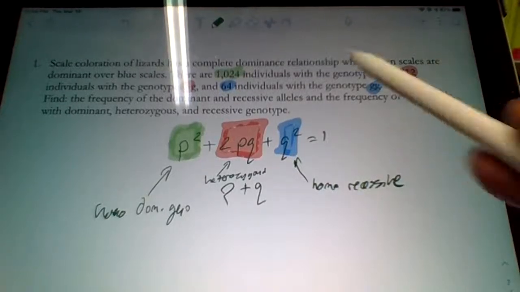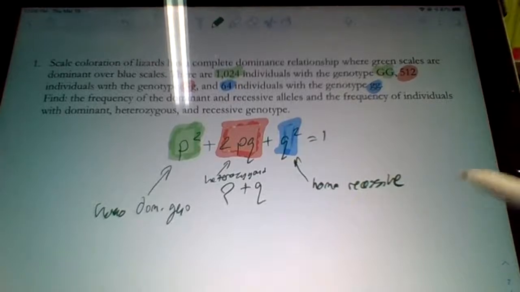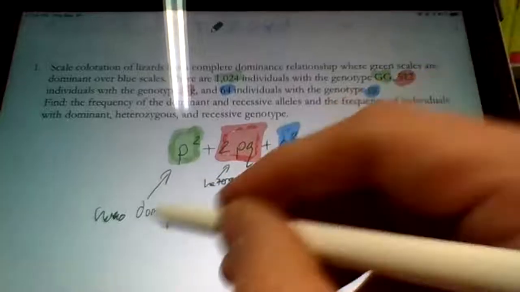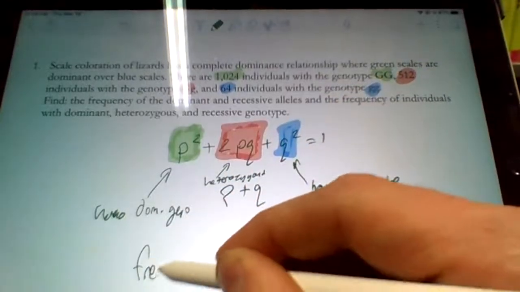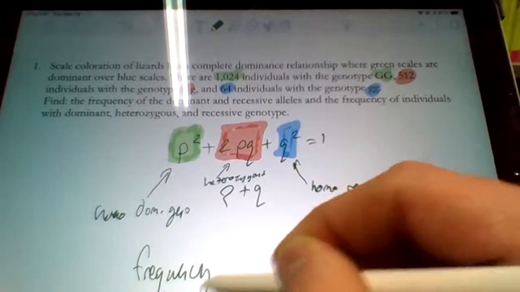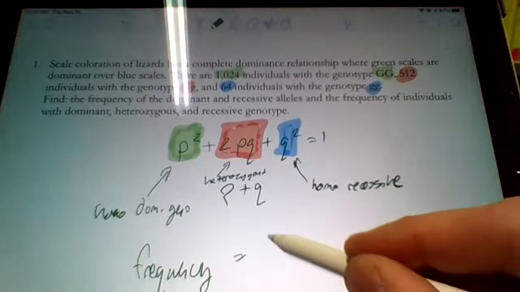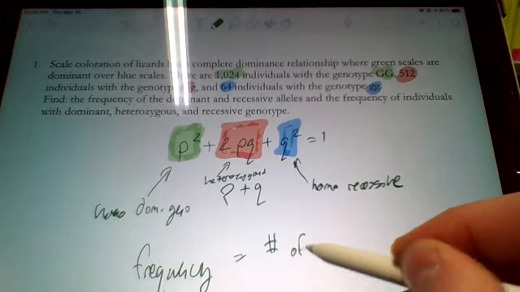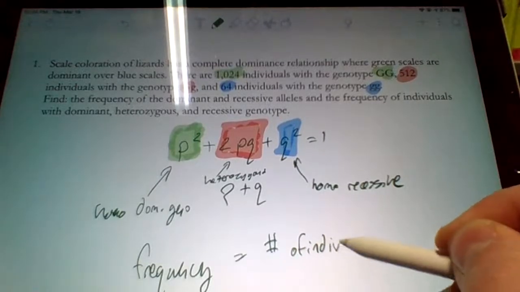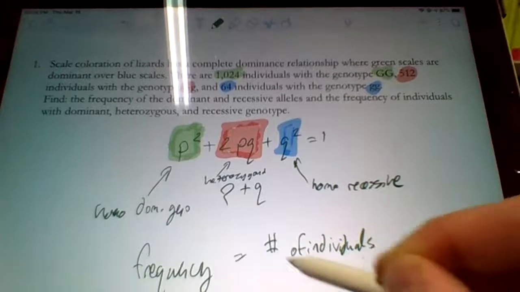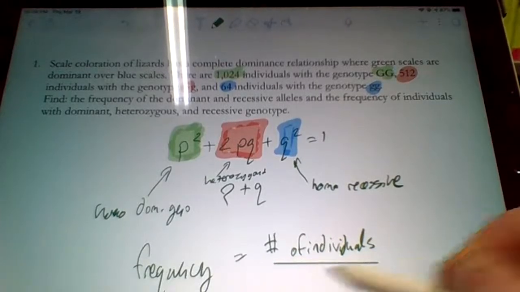When we look at these values, we see that we have numbers, but they are not frequencies. They're whole numbers. So to determine a frequency is going to be equal to the number of individuals over the population.